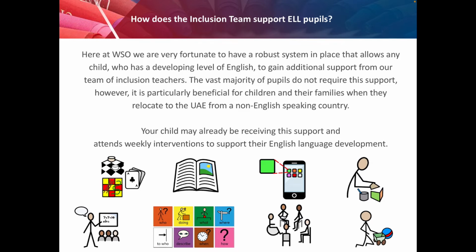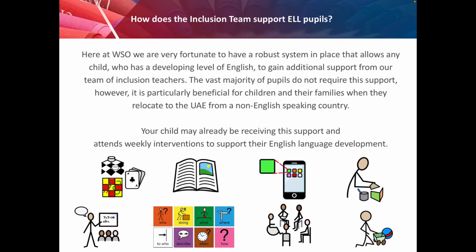They tend to be the pupils that we support through inclusion strategies. Yeah, so they might come out of class sometimes, or have additional support in class. Their teachers may have things in place, either done individually or with support from the inclusion team, and they will receive interventions to support their language development.